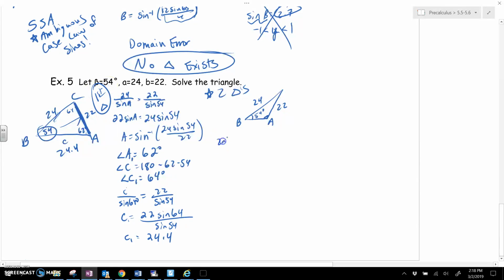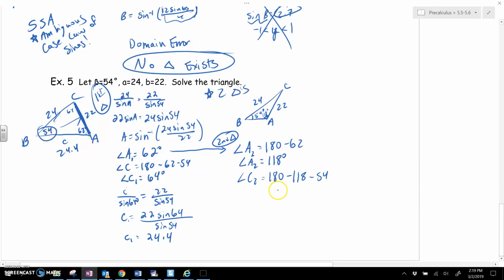But then for my second triangle, the A I get for the first one, angle A, and the second one is going to be the complement of that, which means I'm going to do 180 minus 62. So my other option for angle A2 would be 118 degrees. I would like to draw both pictures so I can get a visual, 118 degrees. And then for angle C2, I would do 180 minus 118 minus 54.